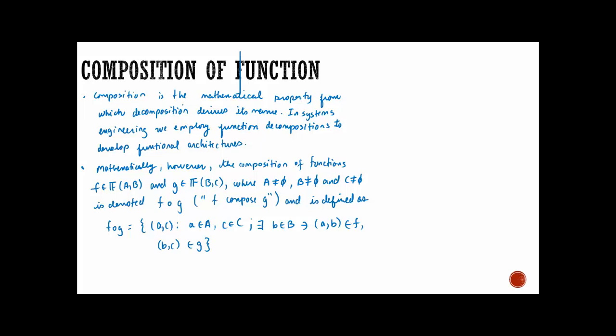I have two functions, I combine them, this is the input, if you give this input, this is the output. That's what the composition of the function is going to do. So mathematically, that's how we define that composition. So for example, let's look at one simple example.